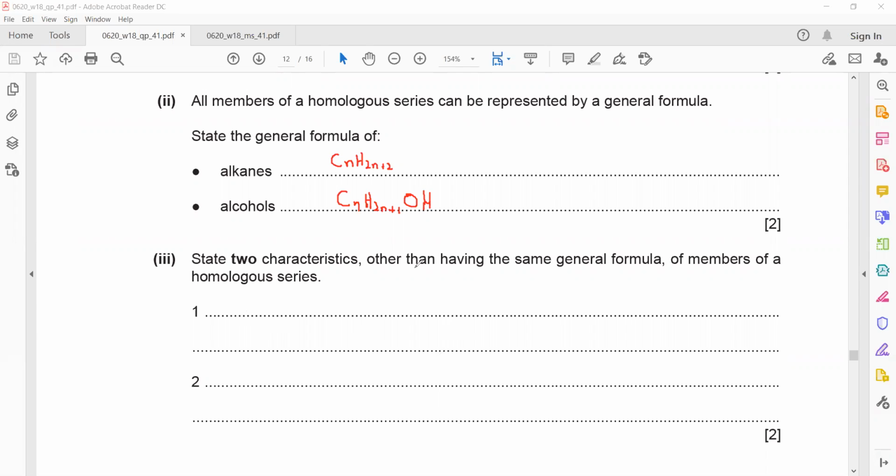The two characteristics other than having the same general formula, what are the other two characteristics of homologous series? Similar, instead of mentioning same, similar chemical properties.